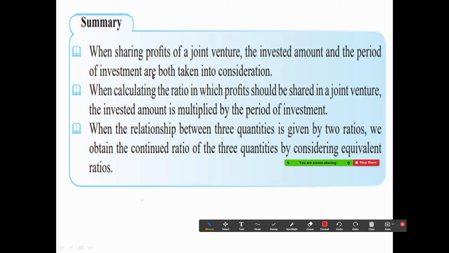Now let's see the summary of the lesson. When sharing profits of a joint venture, the invested amount and the period of investment both are taken into consideration. What are the two things we consider? Invested amount and period of investment. When calculating the ratio in which profit should be shared in a joint venture, the invested amount is multiplied by the period of the investment.